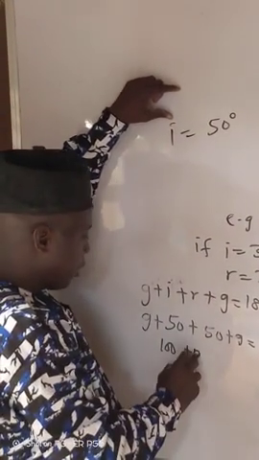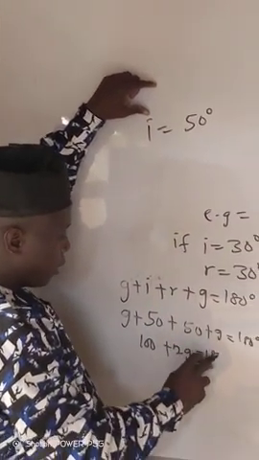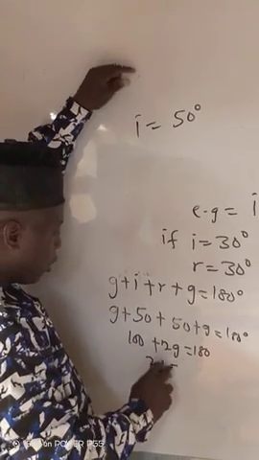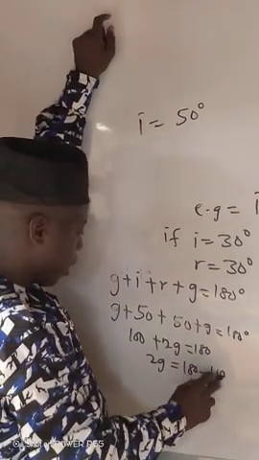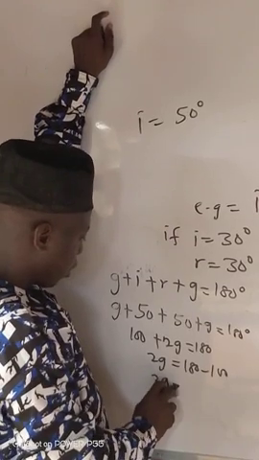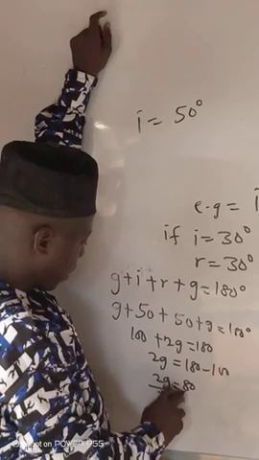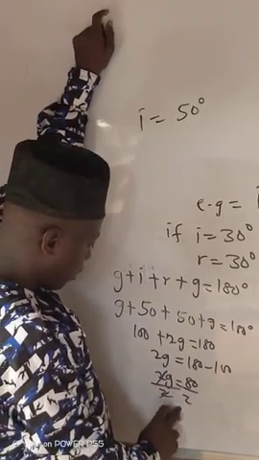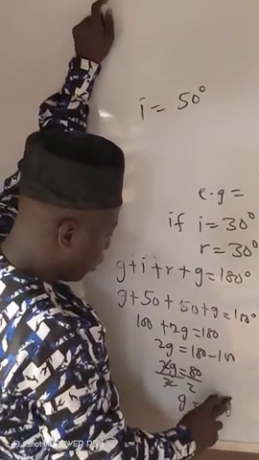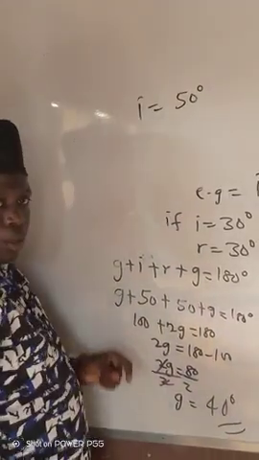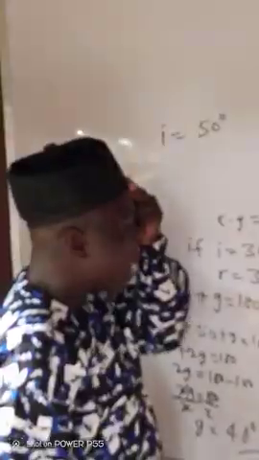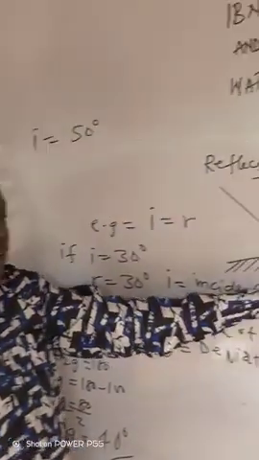Plus G, 2G is equal to 180 degrees. 2G is equal to 180 minus 100. 2G is equal to 80. Then G is equal to 40 degrees.